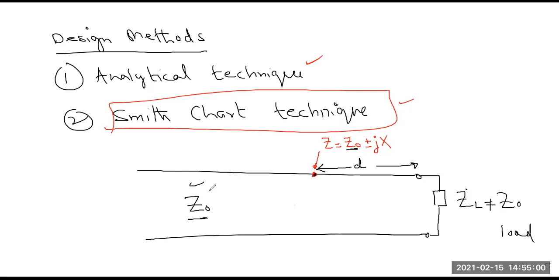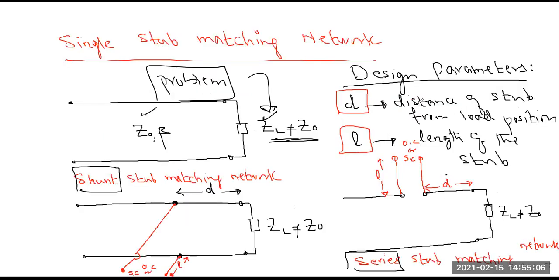Now I have explained the role of this parameter, or how you will find out where to connect the stub. So now you have a principle: the point at which you will connect your stub, whether it is a series stub or a shunt stub, it doesn't matter.